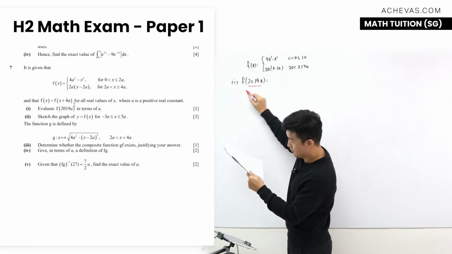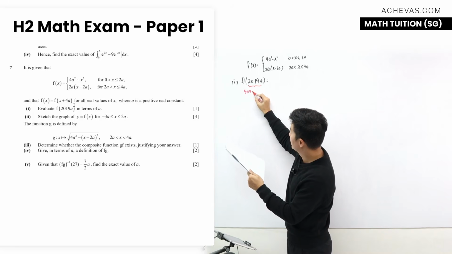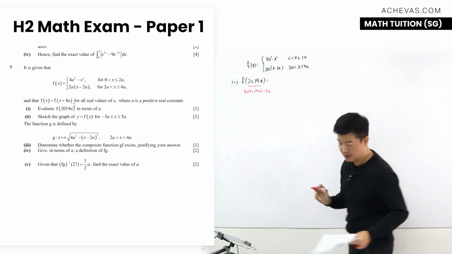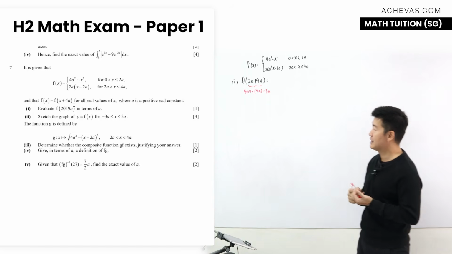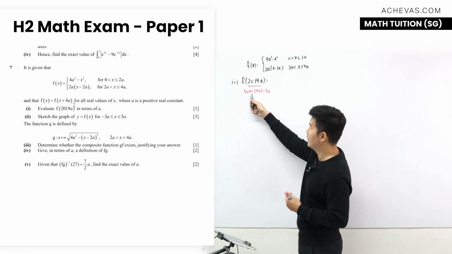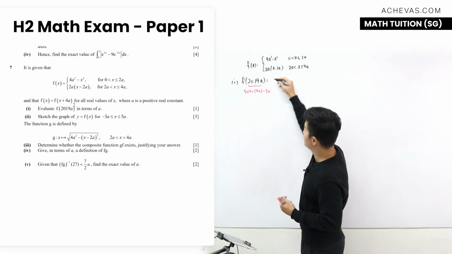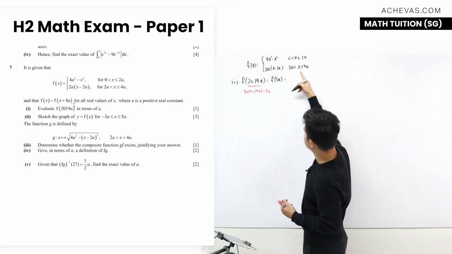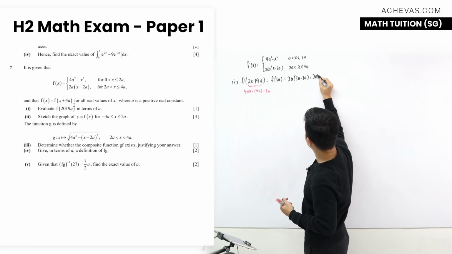This gives me 504 times 4a, plus 3a. Every time we subtract 4a, it is going to give the same output. So I'm going to subtract 504 times 4a. It gives me 3a, which means that this is the same as f(3a). 3a belongs to this section of the domain. So we have 3a minus 2a. This is going to be 2a squared.